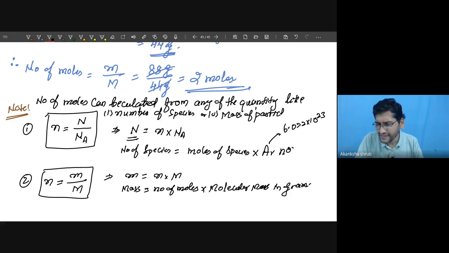If mass of particles is given, we shall use the second formula, and if the number is given, we shall use the first formula.